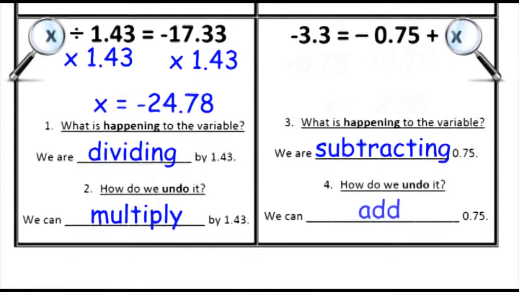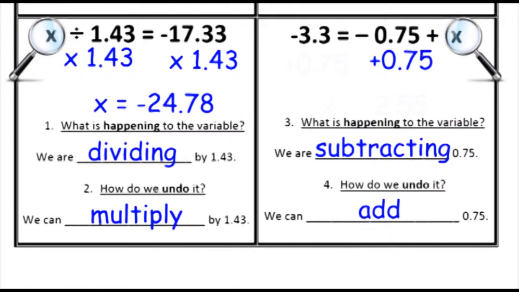So I'm subtracting 0.75. To undo that, I add 0.75. If you think back to when we talked about combining like terms and thinking of individual terms as having individual signs, this is negative. If we want to undo a negative, we have to use a positive, or plus, if we want to use the operations that are connected to negative and positive when we're talking addition.